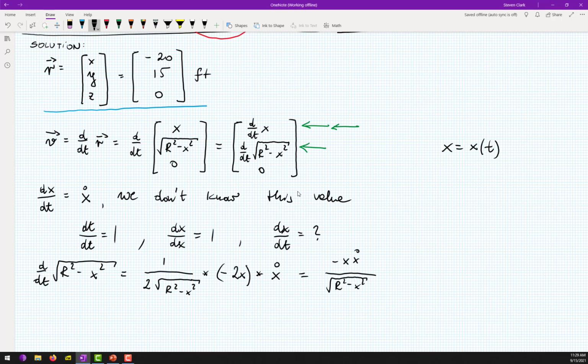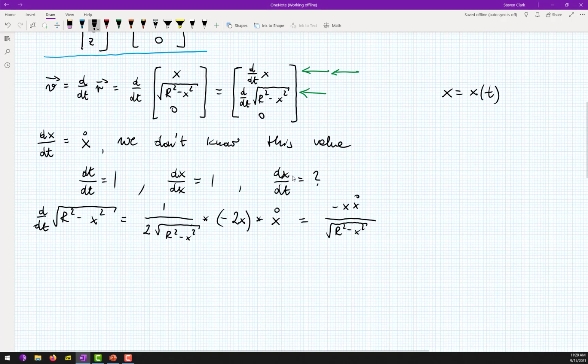Okay, so look guys, what just happened? We basically have our velocity vector that looks like that: x dot, minus x dot, r squared minus x squared, 0. This is our velocity vector. Look, we don't know only one thing.